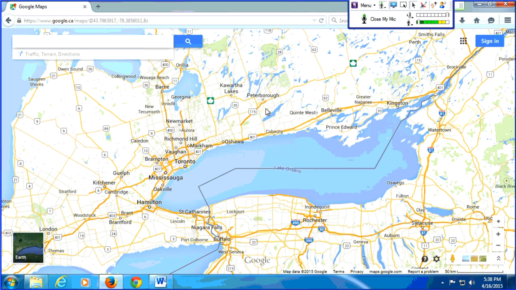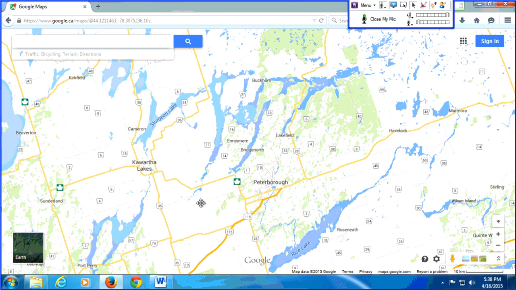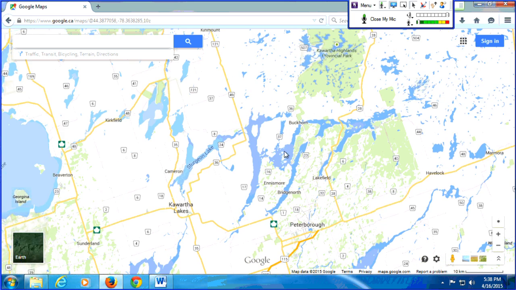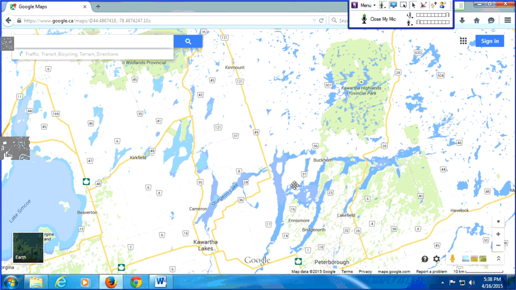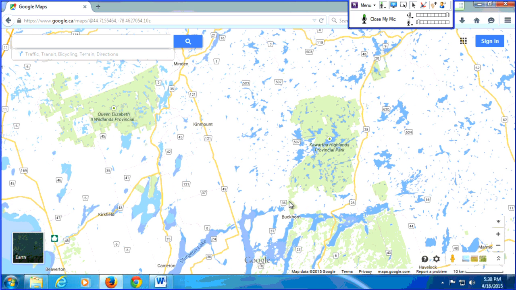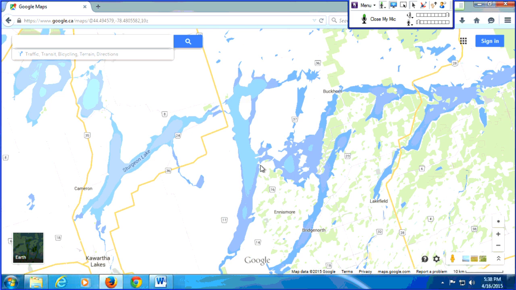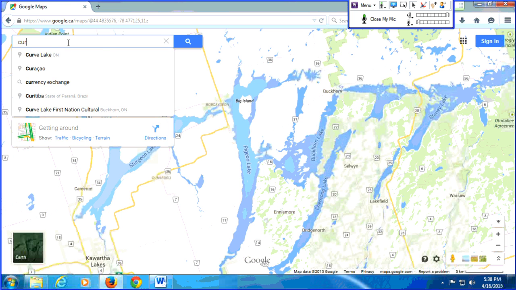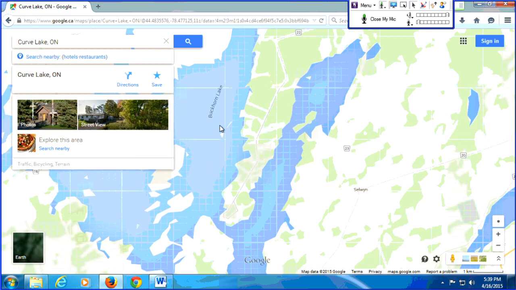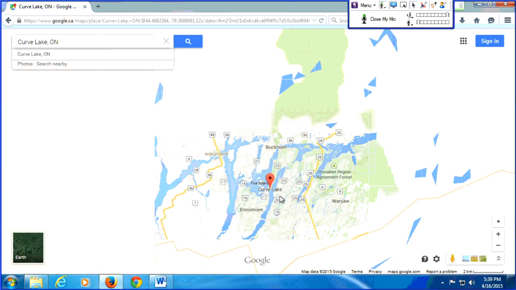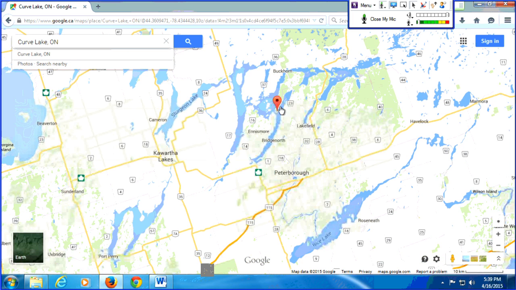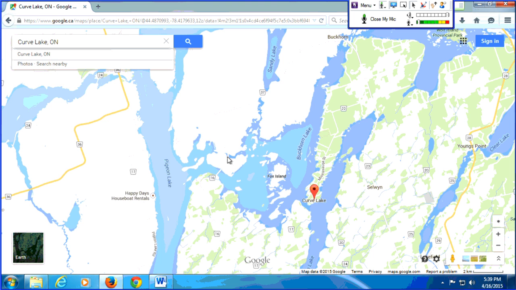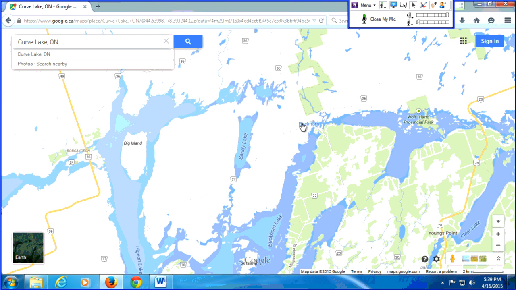If we zoom in a bit more, and go a bit north of Peterborough, we'll find Curve Lake. Curve Lake's right there, just north of Peterborough. Other towns around it, you have Buckhorn there and Bobcaygeon.